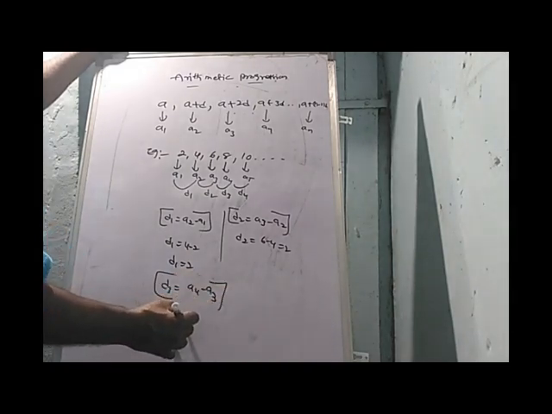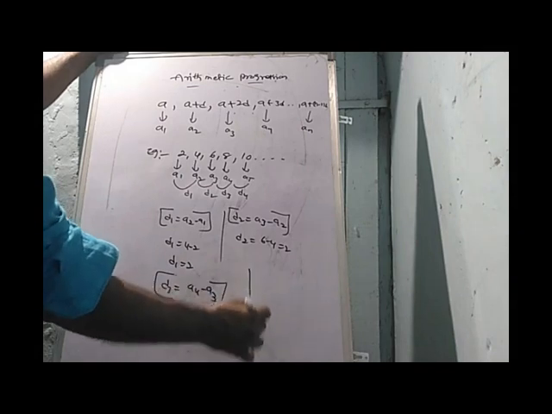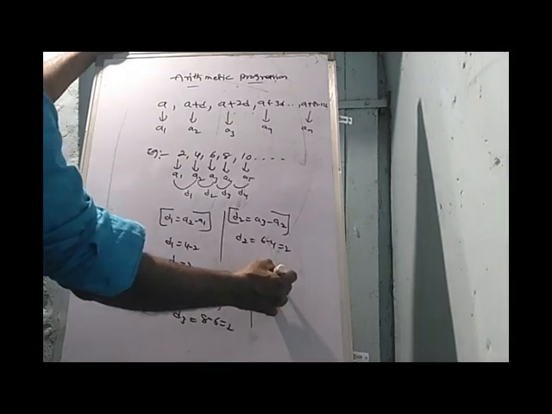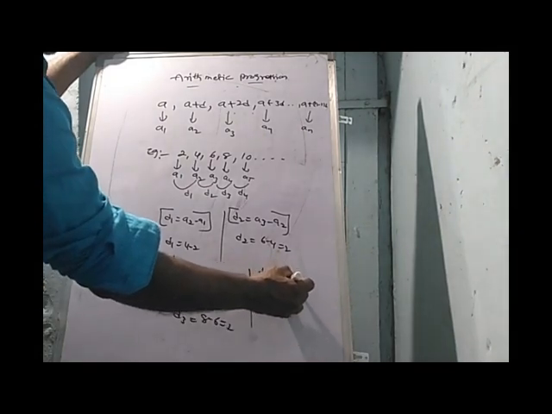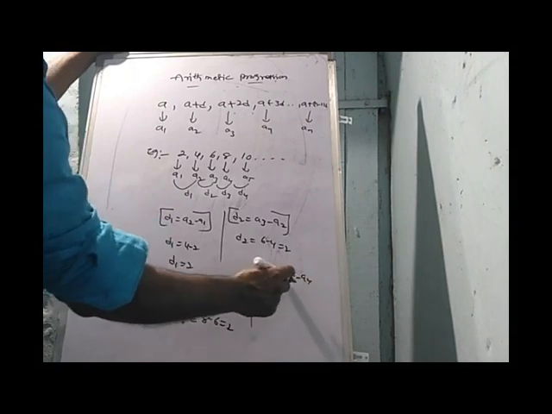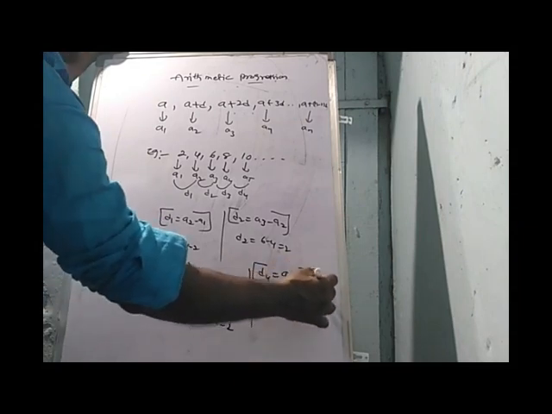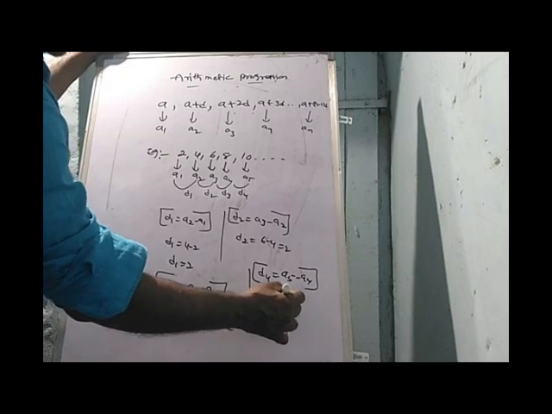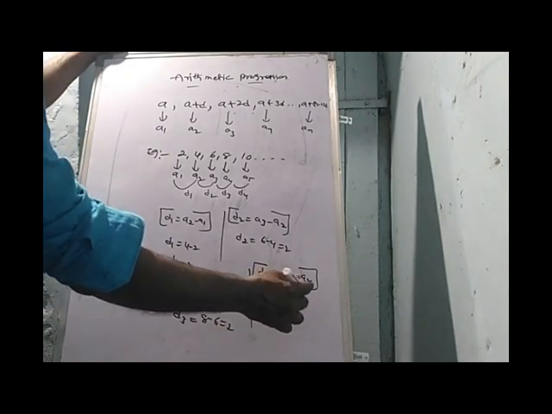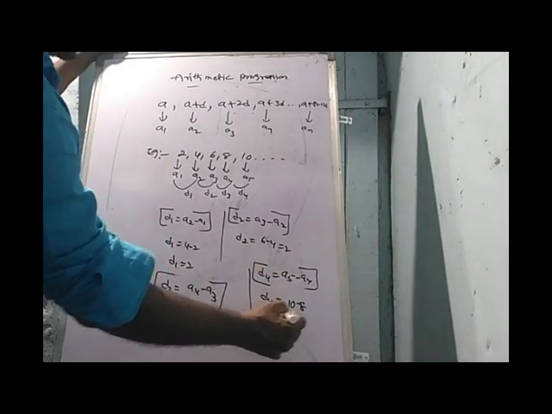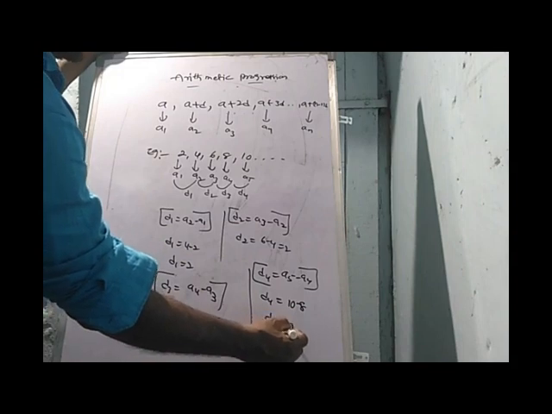So now substitute the values. Here 8 minus 6, we got 2. Here we go for D4, A5 minus A4, 4 5 4. Next D4 equals A5. What is A5 here? 10 minus 8. D4 equals 2.